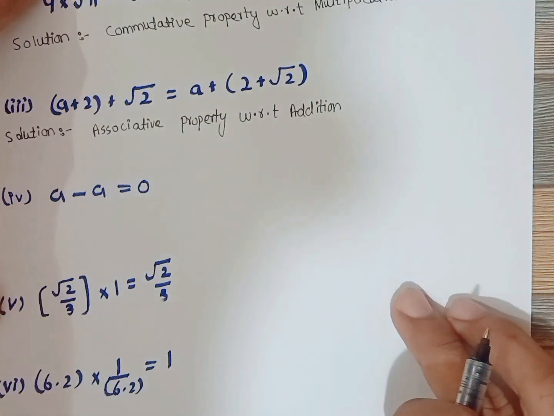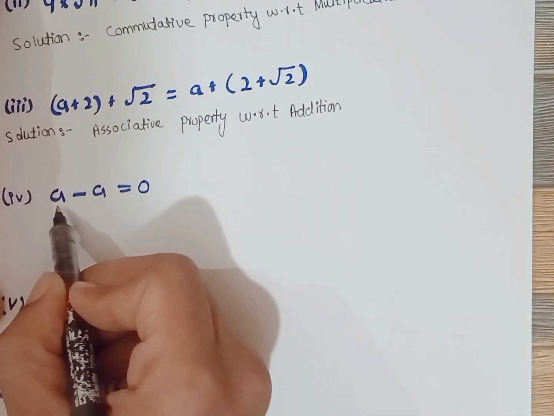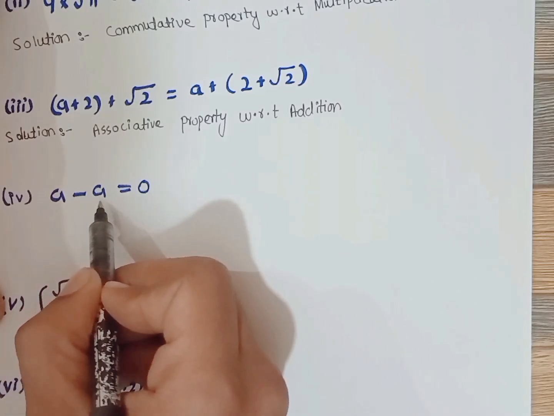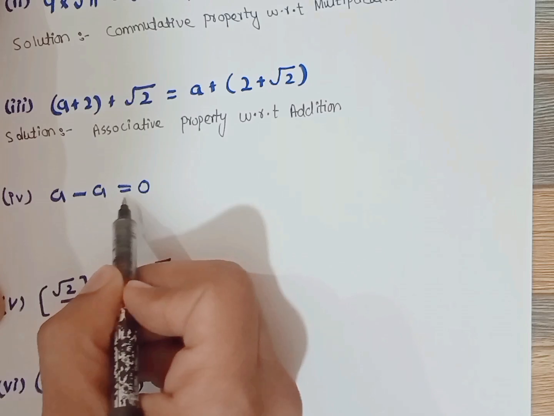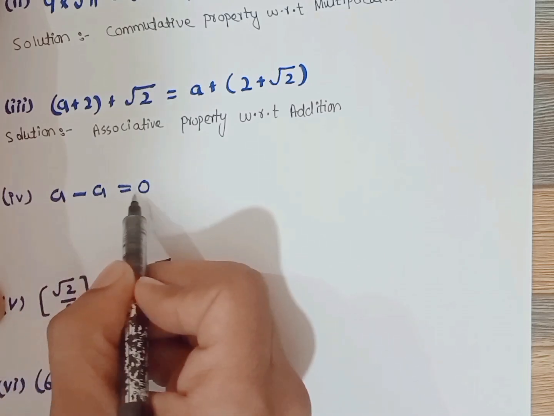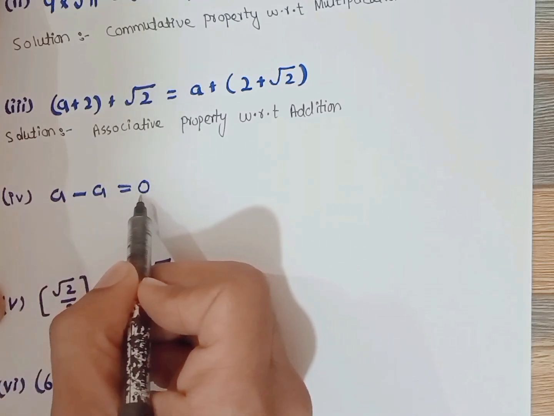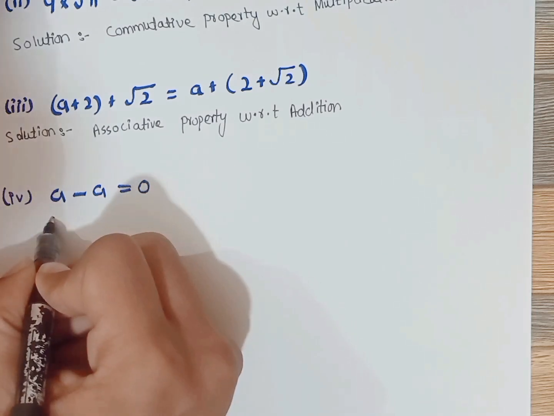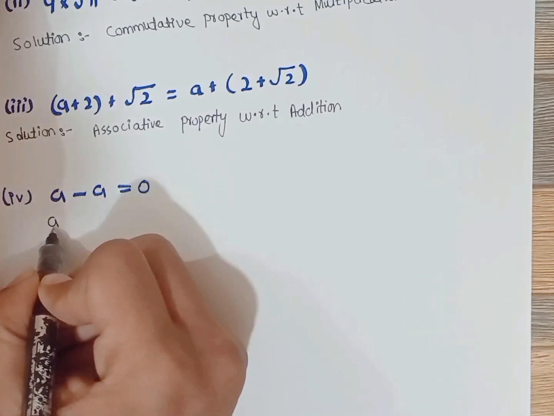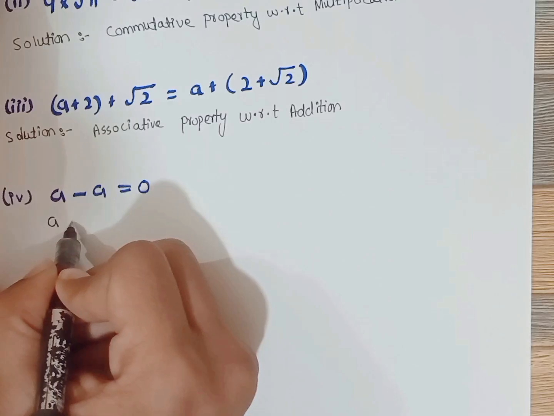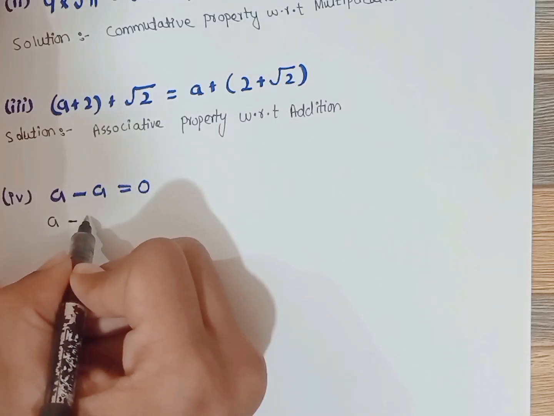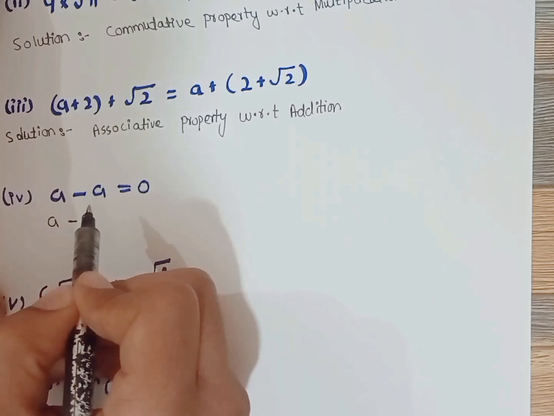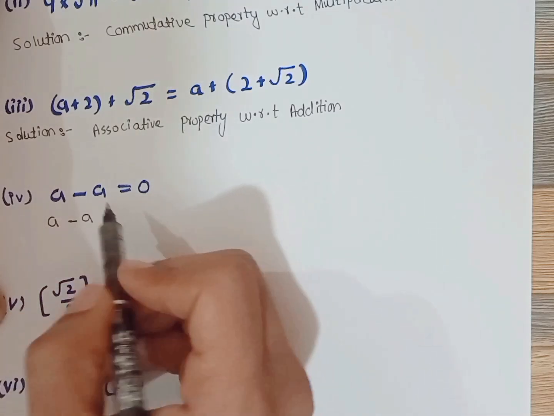The fourth question is: if a is a real number, then its inverse is minus a. By cancelling both, we will get 0. So this means it is additive inverse. If 3 is the real number, its inverse will be minus 3.